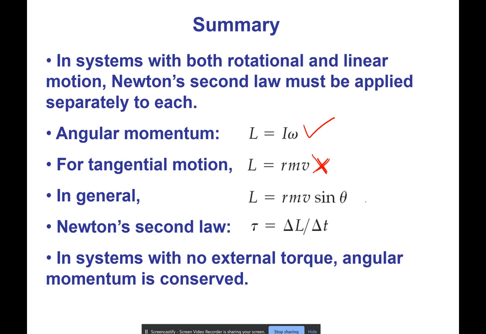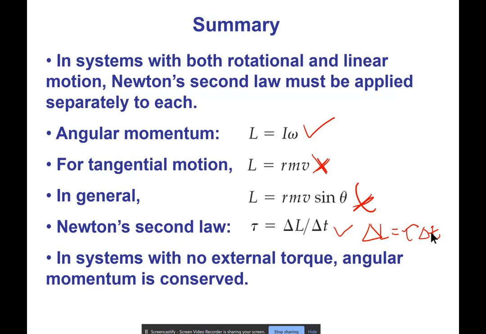This one is not, and this one is, just in a different form. It has delta L equals your torque times delta t. That's how it's written, and that one is 5 from the bottom on your big long list. So that is how torque and angular momentum relate back to Newton's second law.